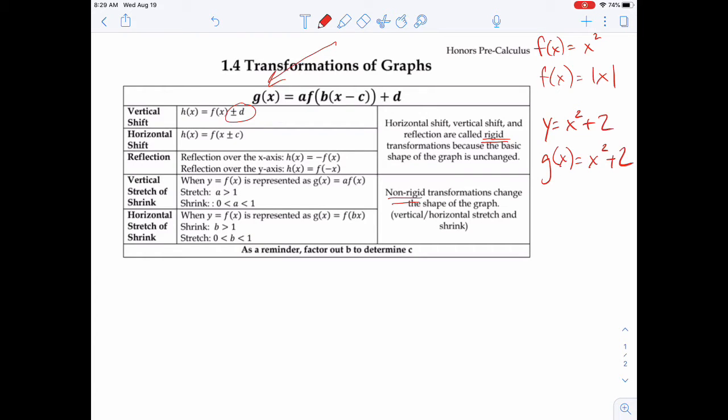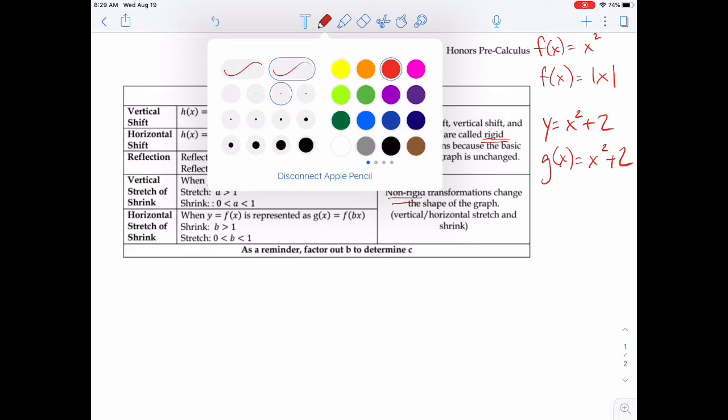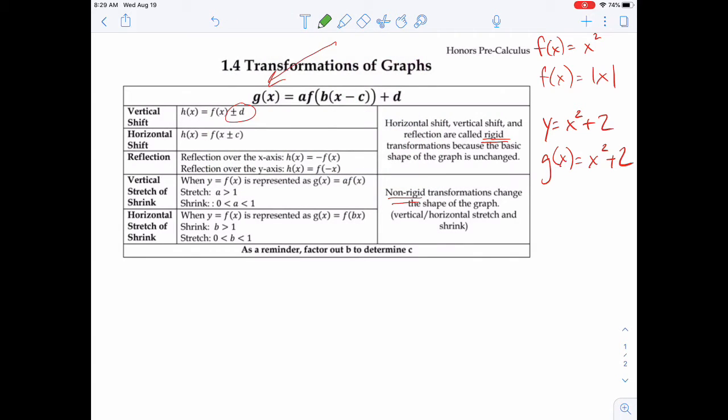A horizontal shift could be something like g of x is equal to x minus 2 quantity squared. Now this one is going to move it to the right 2 units. One way to think about that is that if this is y equals x squared, what we've done is now this thing will equal 0 at positive 2. And so it's going to do that sort of thing right here. So that's been shifted to the right 2 units.